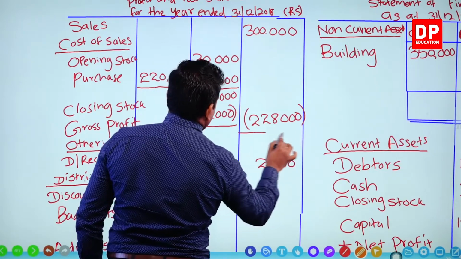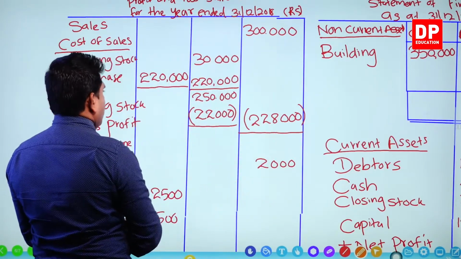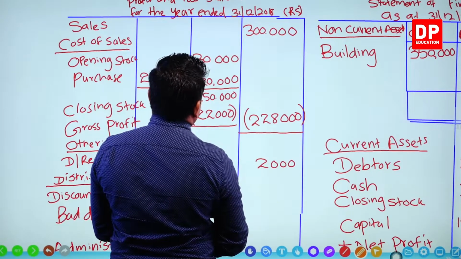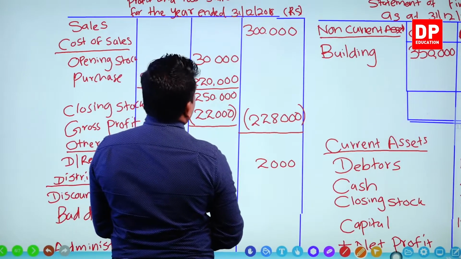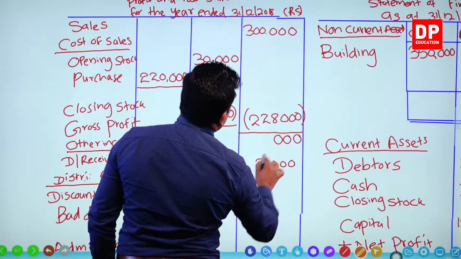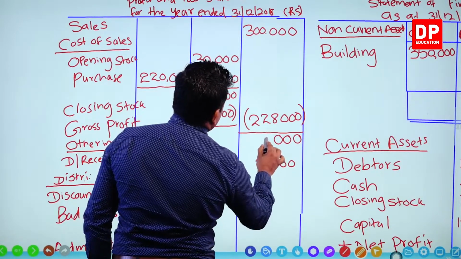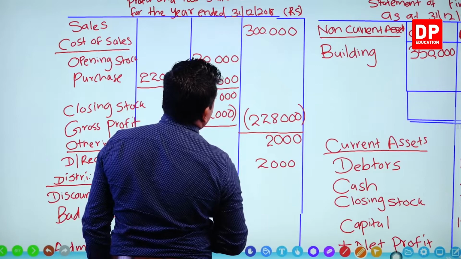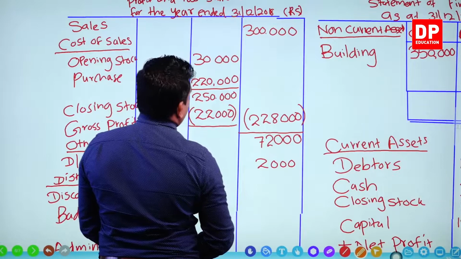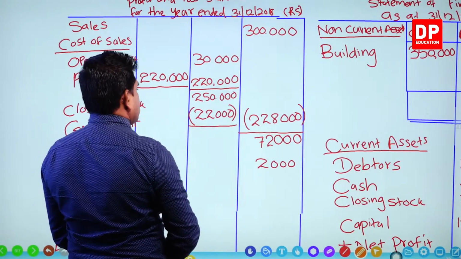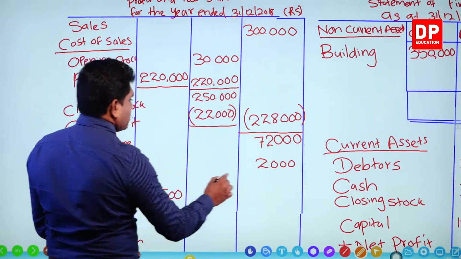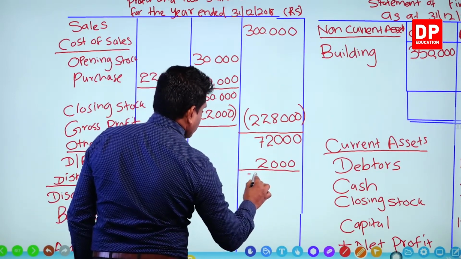This is the cost of sales, then you can see the gross profit. Then you find the answer, 72,000. 72,000 is the gross profit, right? Then discount received 2,000, then 74,000.